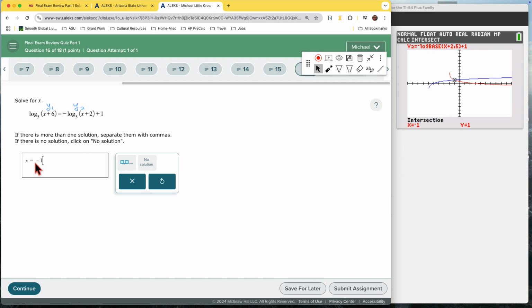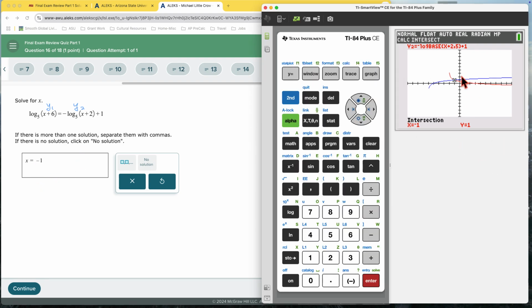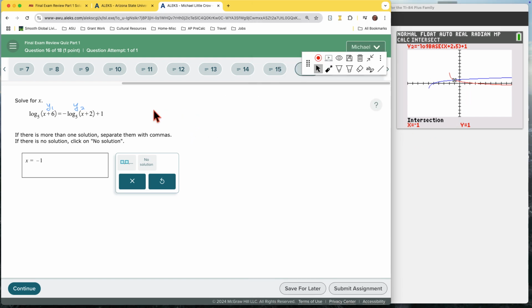Now, I will go through solving this with properties of logarithms. But now that we know what the solution is, it's oftentimes helpful. So what I would do without a graphing calculator is add log base 5 of x plus 2 to both sides. We're going to get it to cancel out here, and over here we'll get log base 5 of x plus 2.